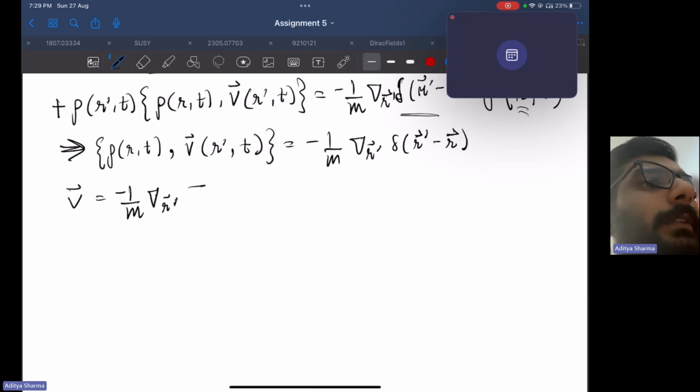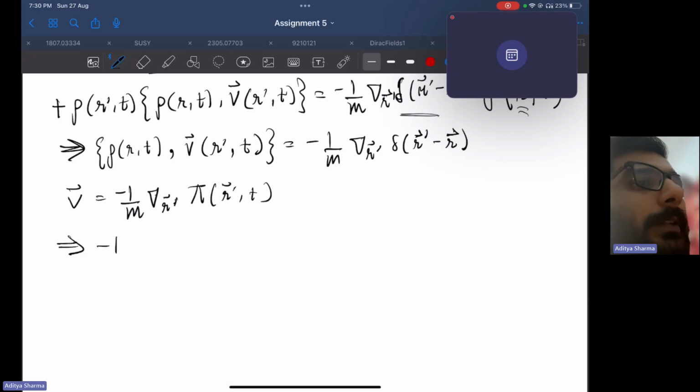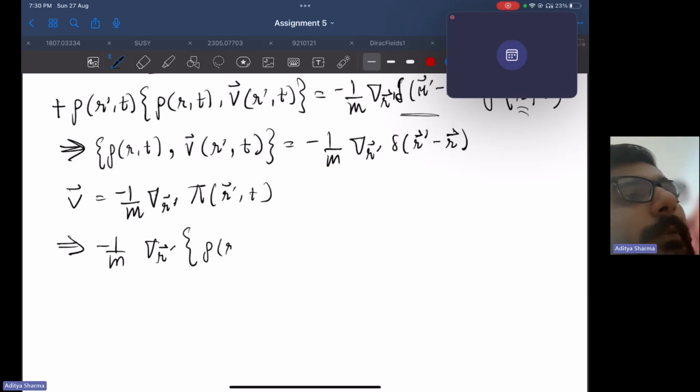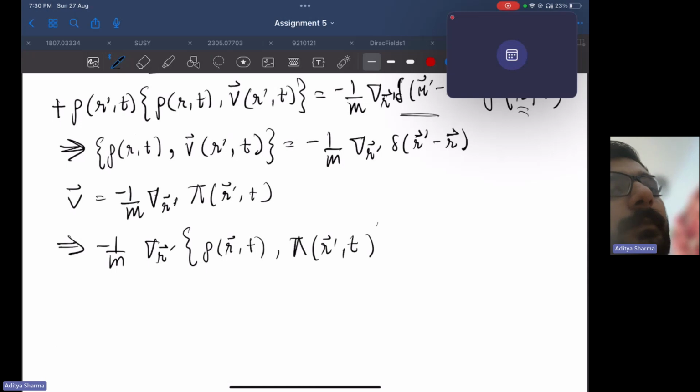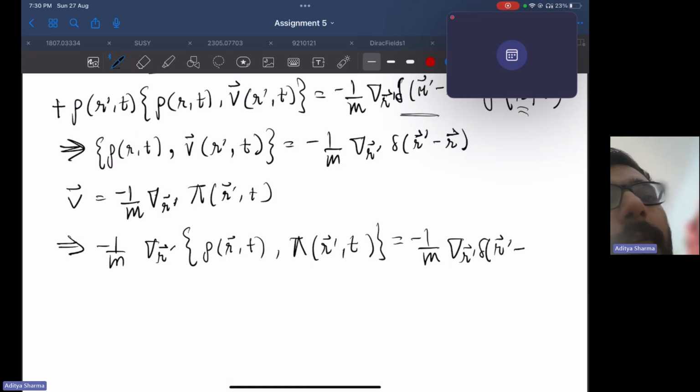Then the whole of this thing is going to come out, and we'll have rho of r vector comma t, phi, is equal to minus 1 by m, Dirac delta.